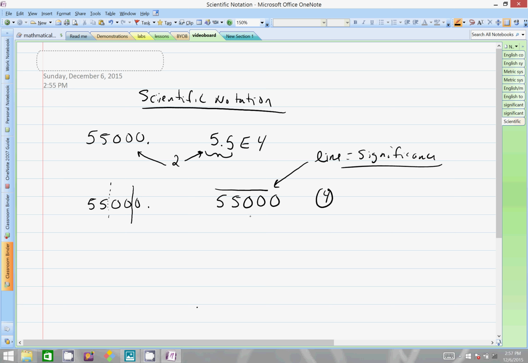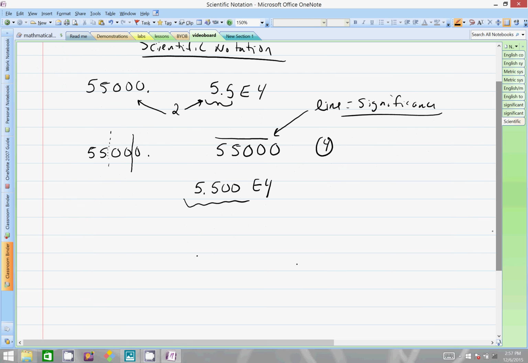How would I show this in scientific notation? I would go 5.500 e to the 4th. And I would show all my significant digits in the base unit. Okay. Other than that, you can go the other way around. If I were to have 2.70 e to the 5th.